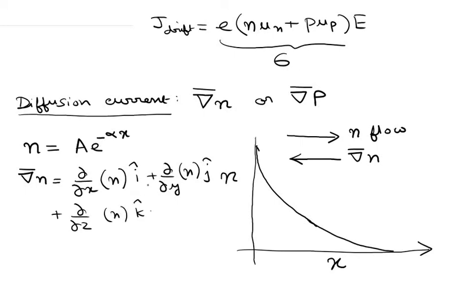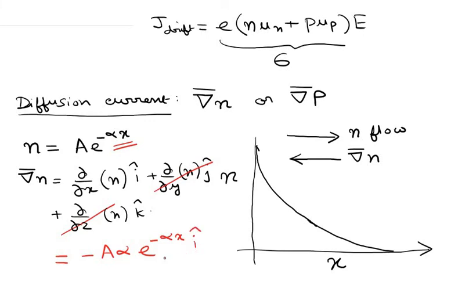Now these two parts go out of the picture because n has only variation in the x direction. So gradient of n basically becomes minus alpha e to the power minus alpha x i cap.